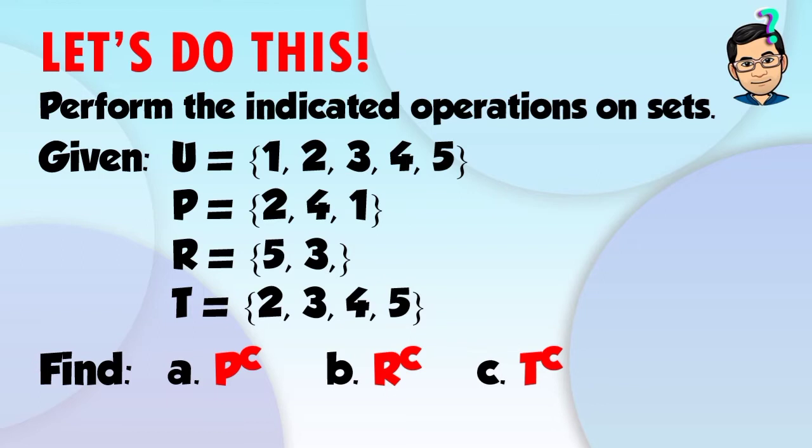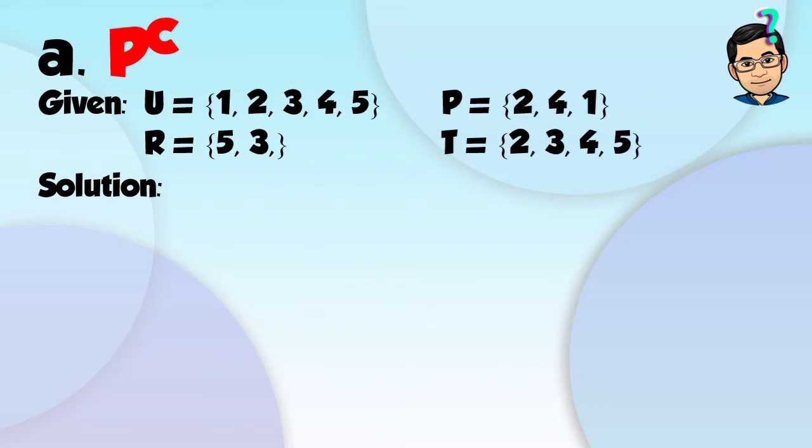Okay. So, let's have letter A, P complement, B, R complement, and letter C, T complement. So let's have letter A, P complement. So, the first thing we need to do is to write the elements of P. So, ano ba yung mga elements ng P? We have 2, 4, and 1. Okay.